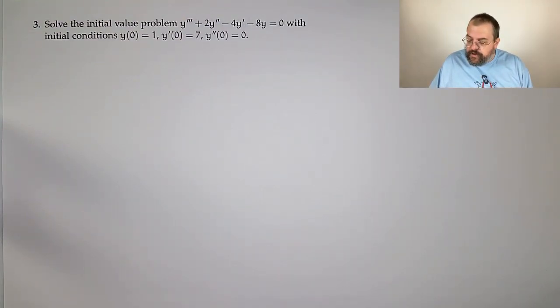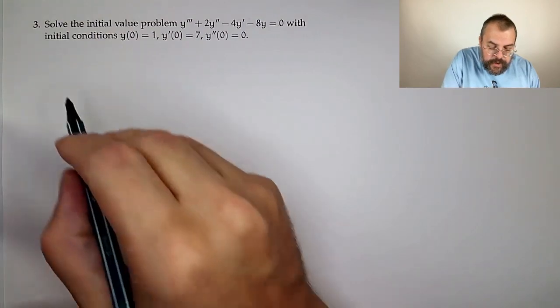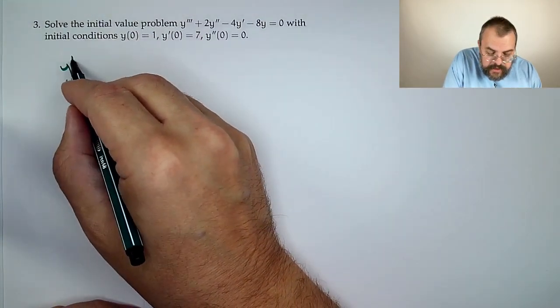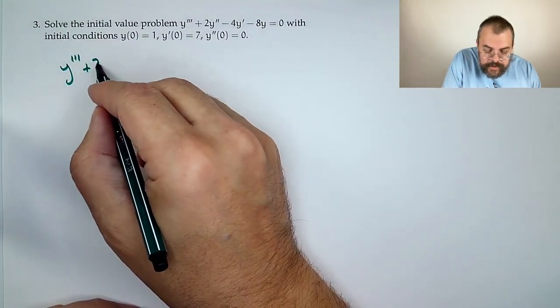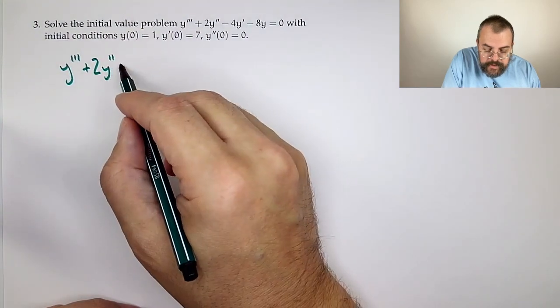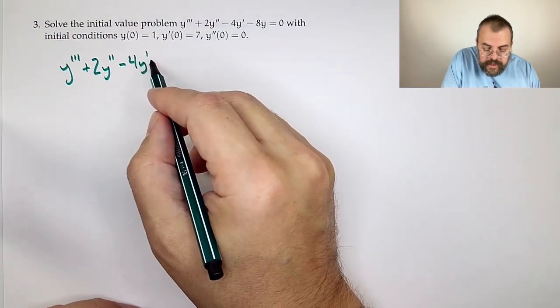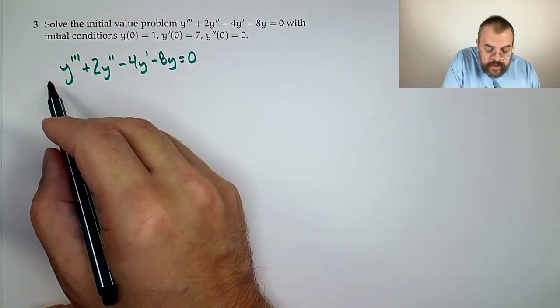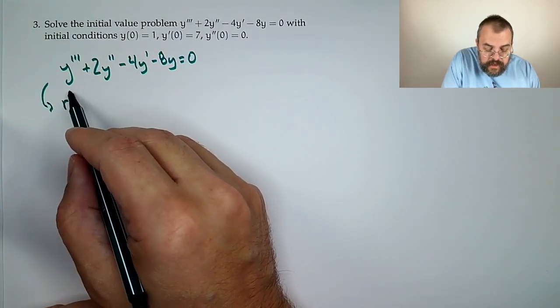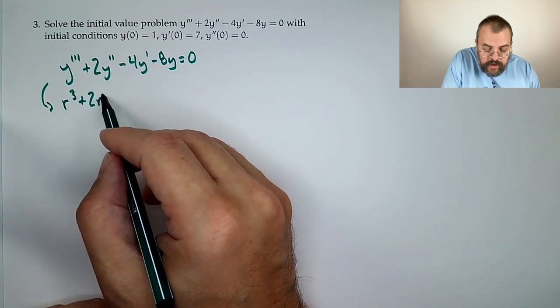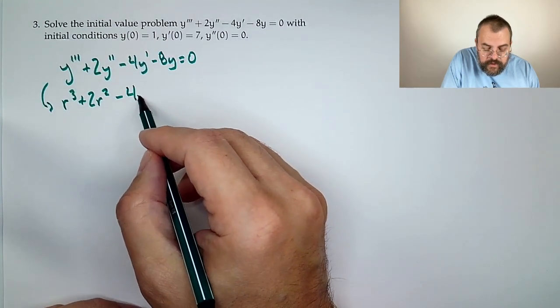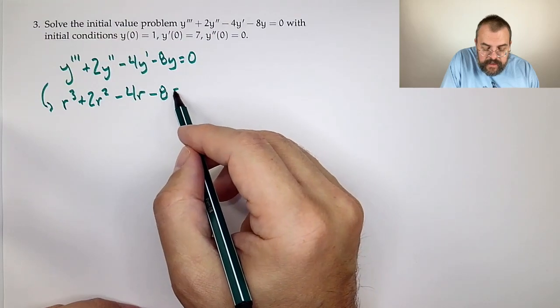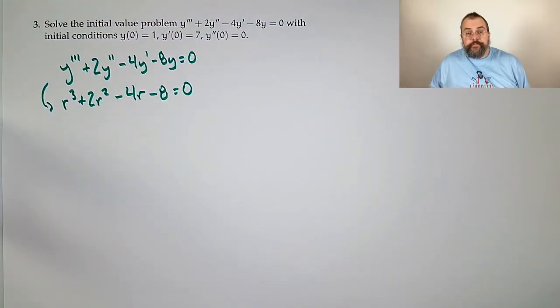Well, we start by translating our differential equation, y triple prime plus 2y double prime minus 4y prime minus 8y equals 0, into an algebra equation, r cubed plus 2r squared minus 4r minus 8 equals 0.